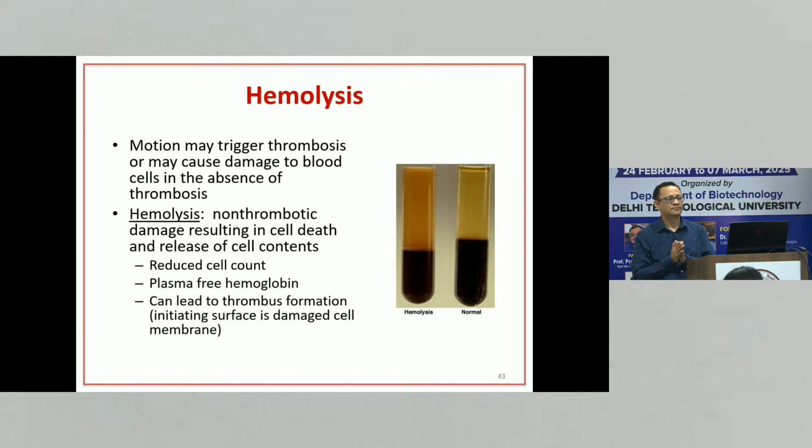When we are testing our biomaterial, we don't just want to test whether my material is reducing platelet activation or clot formation. We also want to make sure that blood in contact with that surface is not causing red blood cell lysis, right?